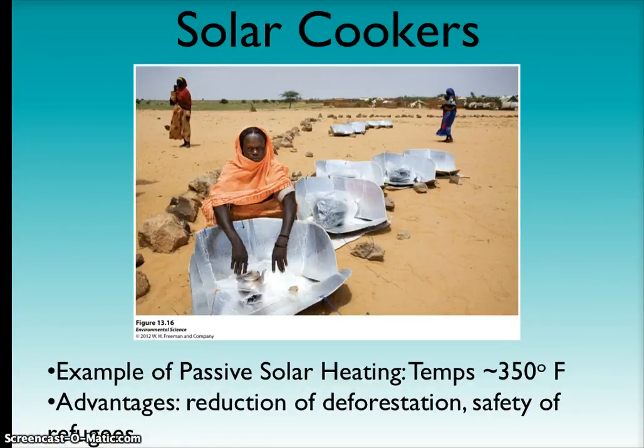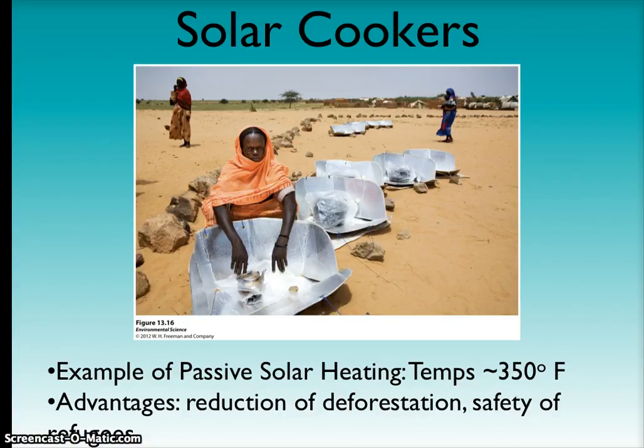First, we'll look at solar cookers. That's a great example of passive solar heating. We saw in the previous section here in chapter 13 an example of passive solar heating in home use, in home heating. But I do just want to really quickly talk about solar cookers.